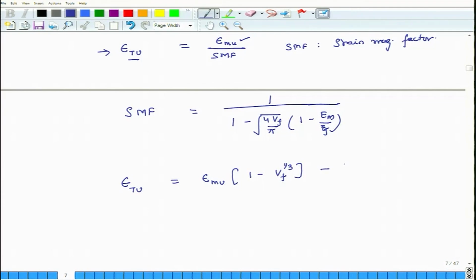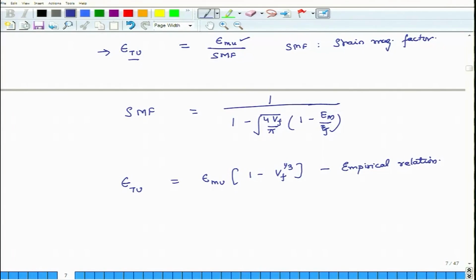So, this is an empirical relation, especially in cases when Em over Ef is very small, which is true in most of the cases.